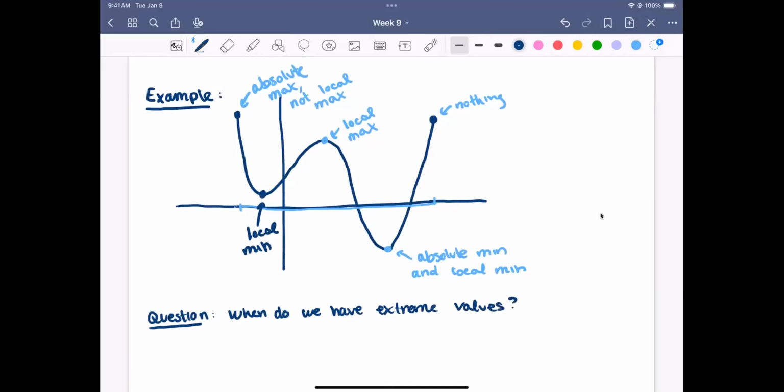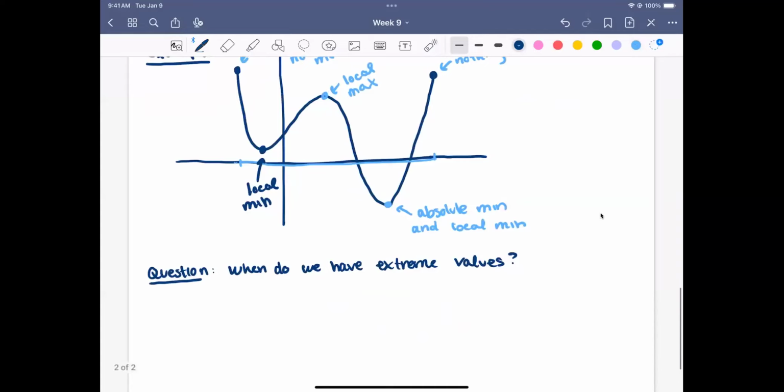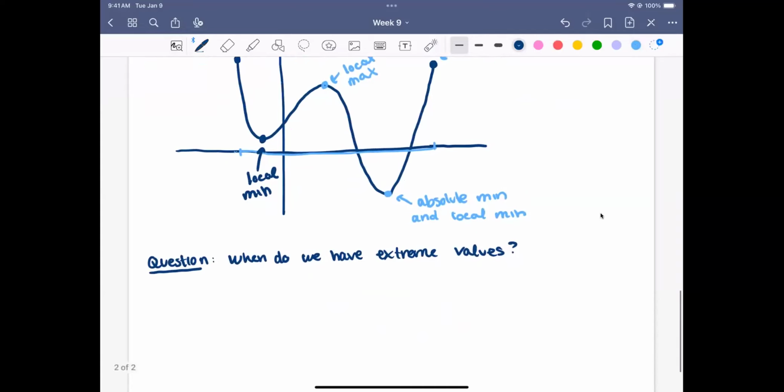As in, when am I guaranteed that my function somewhere does have an absolute maximum or an absolute minimum? I'll write down the theorem statement and then we'll probe it a little bit. So here's the statement of the theorem. This is called the extreme value theorem.